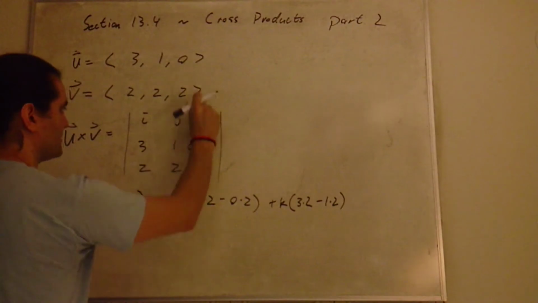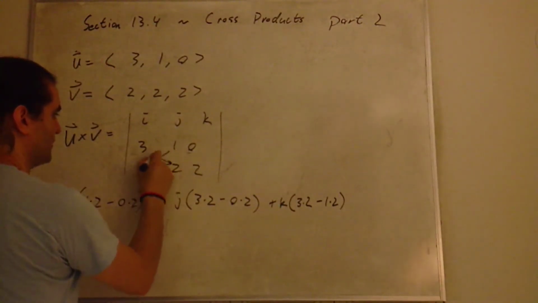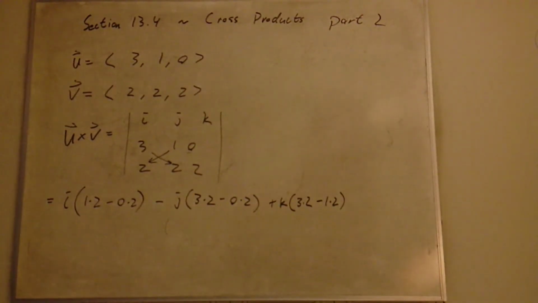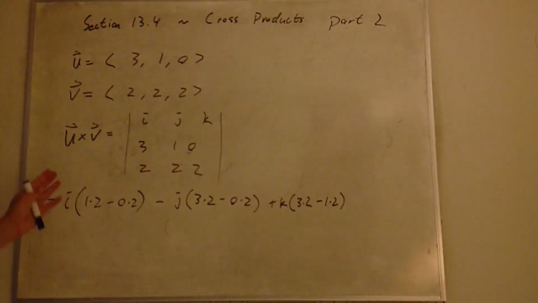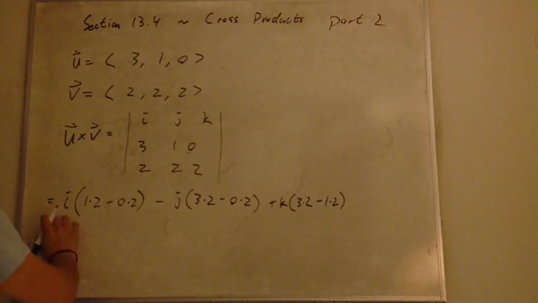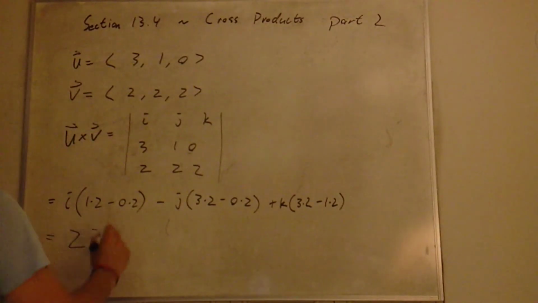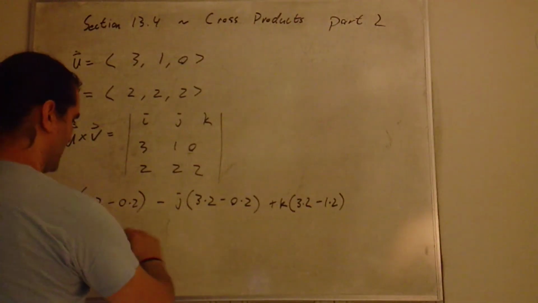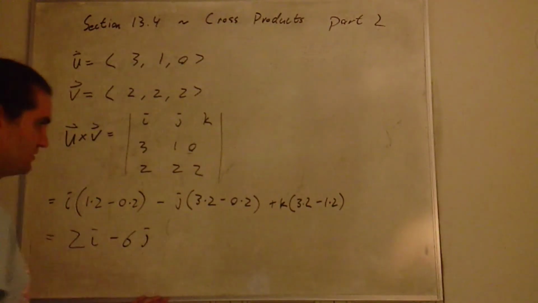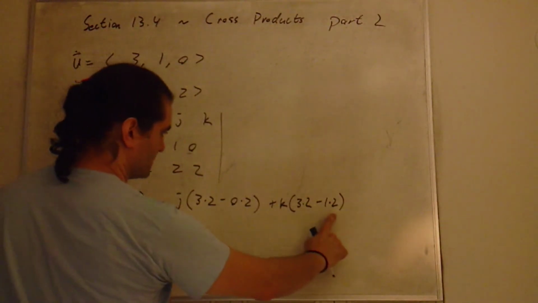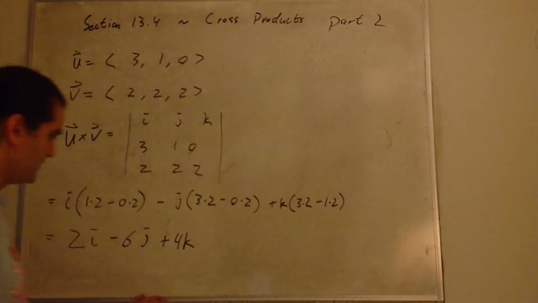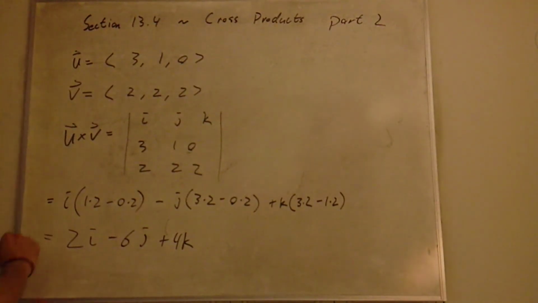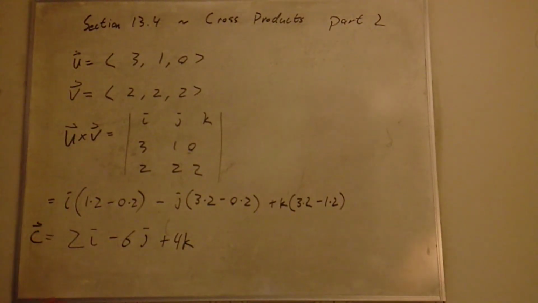And for the K piece, you're looking at those two products. So we can just do some arithmetic to figure out what this is. This looks like it'll be 2I minus 6J. 6 minus 2 is 4, plus 4K. So presumably this is the cross product.